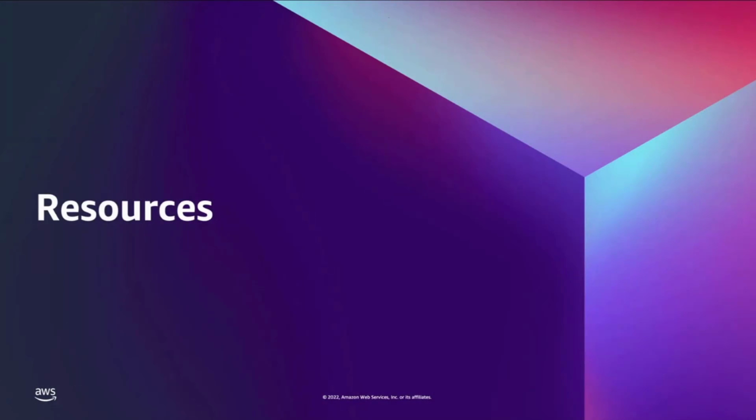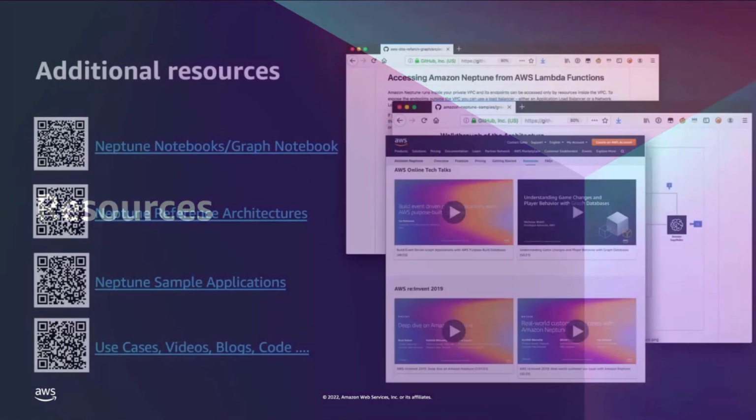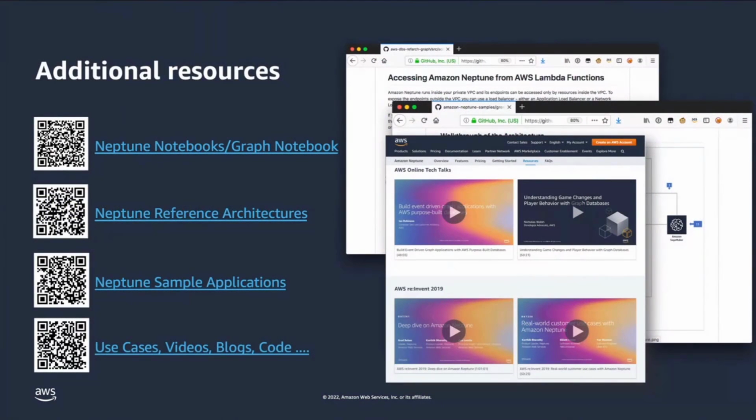So as we're wrapping up here, I wanted to give you a few additional resources on how you can get started with using Neptune. First, the first link you see up here is the link to the Neptune notebooks or the Graph Notebook project, the one that I used for this demo that provides the IDE interface for Neptune. If you're interested in how you can use Neptune and what some reference architectures are for it, you can follow the second link here.